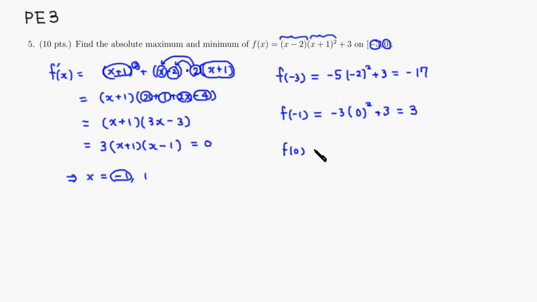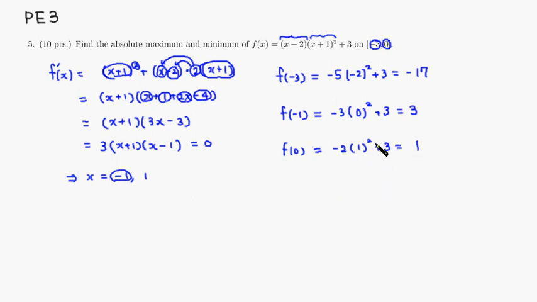If you plug in 0, you will have negative 2 times 0 plus 1, which is 1 squared, plus 3, which is negative 2 plus 3, so it's positive 1.